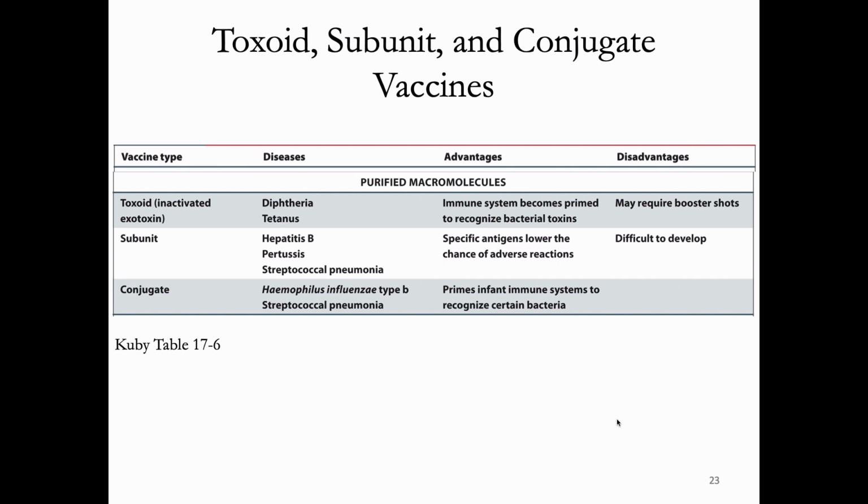With a toxoid, we are using a toxin from the microbe. Really what we're trying to get is antibodies that will neutralize the toxin. The toxin is a protein. So your diphtheria and your tetanus vaccines are both toxoids, where we're giving you a toxin and having you make antibodies that will neutralize it.